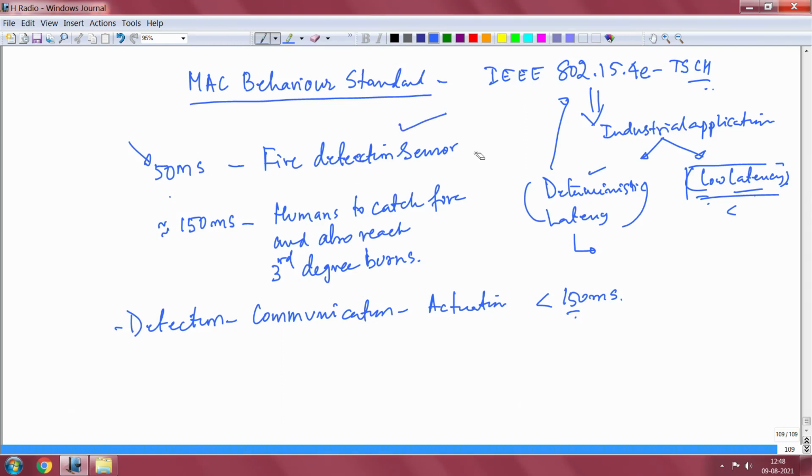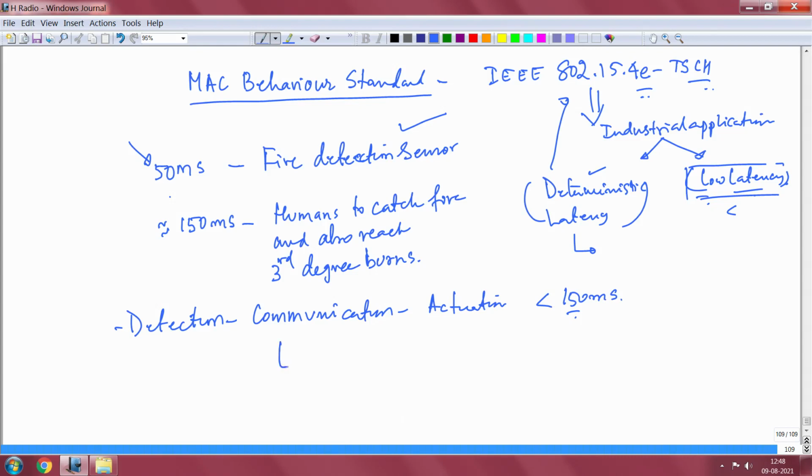So how you plan the 15.4e systems to meet application requirements like fire detection is where the design of the IoT node, the design of the radio choice and so on actually start playing an important role.